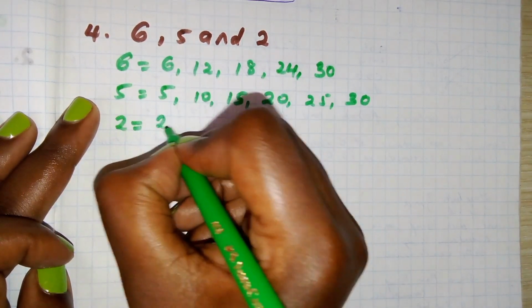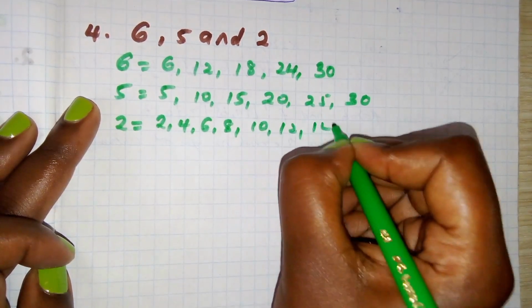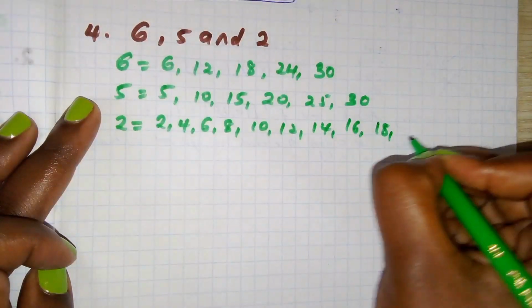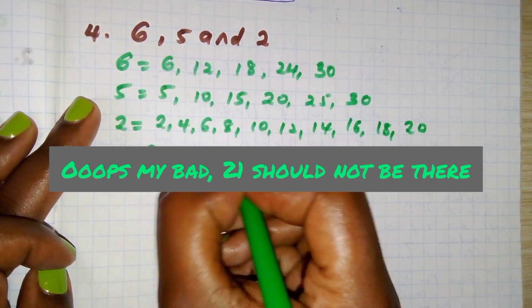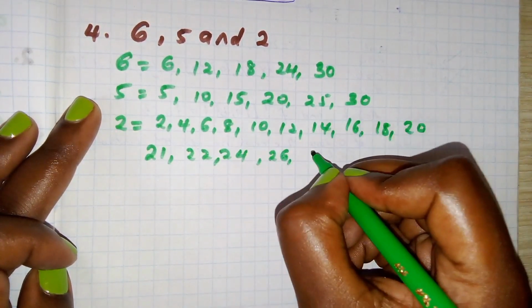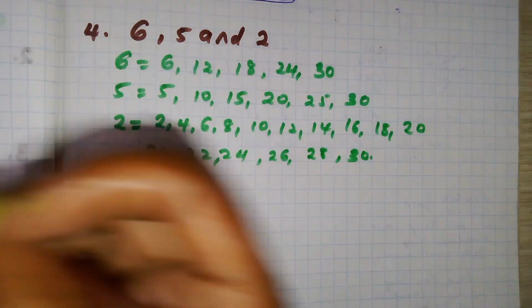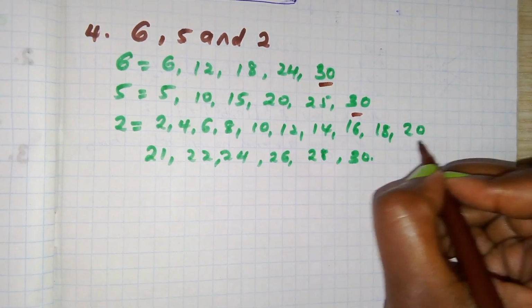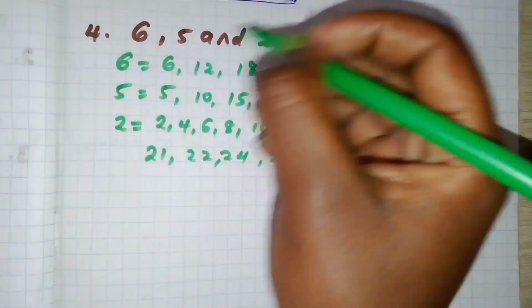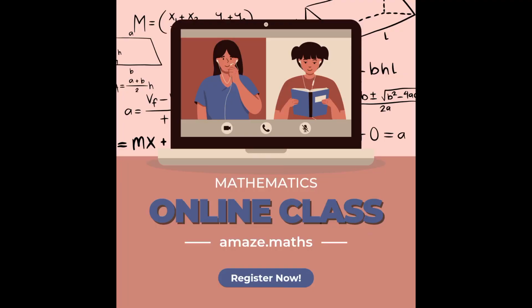Multiples of 2, 2, 4, 6, 8, 10, 12, 14, 16, 18, 20, 22, 24, 26, 28, and 30. So the LCM of 6, 5, and 2 is 30. My apologies, 21 is not a part of the 2 times table.